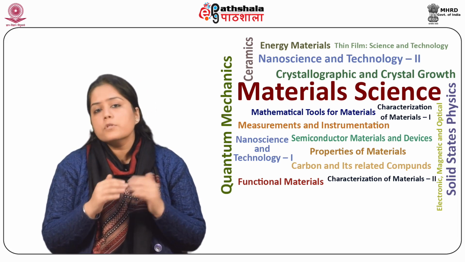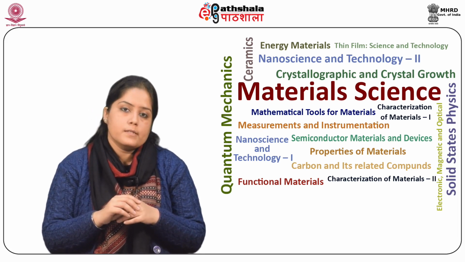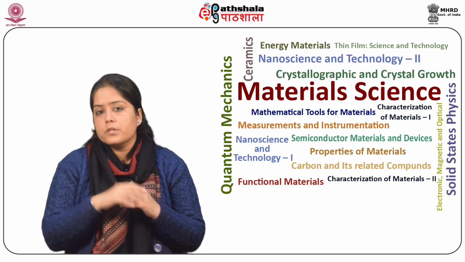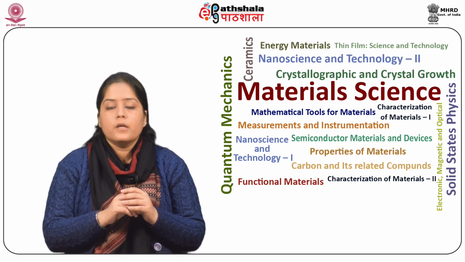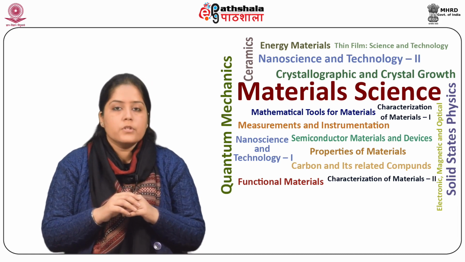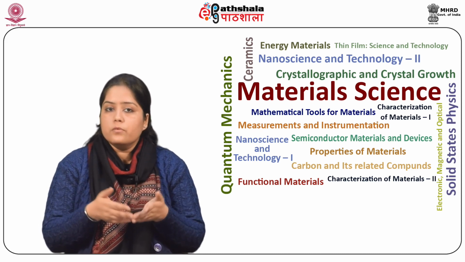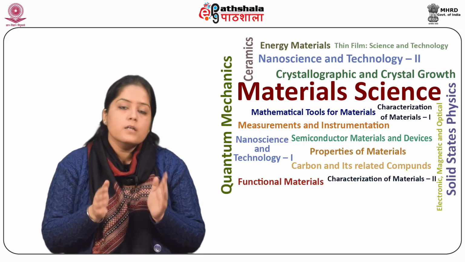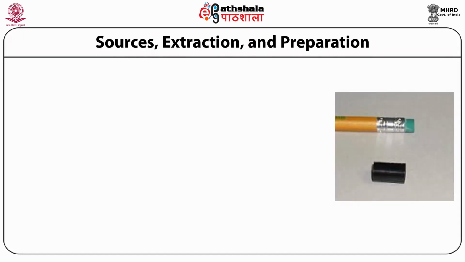Hence, most of the commercial uranium fuels in the US are used after extraction from the minerals. But France utilizes recycled spent fuels for satisfying its fuel requirements. Now we will discuss the sources, extraction, and preparation of uranium.